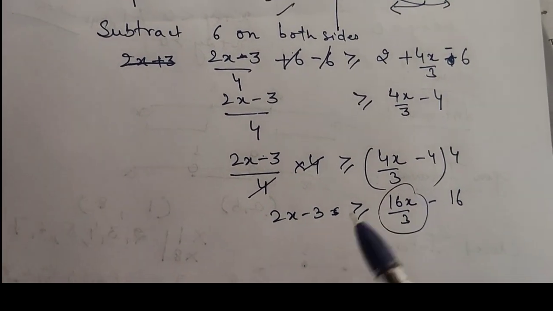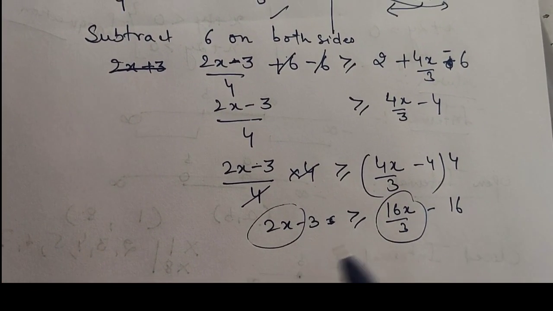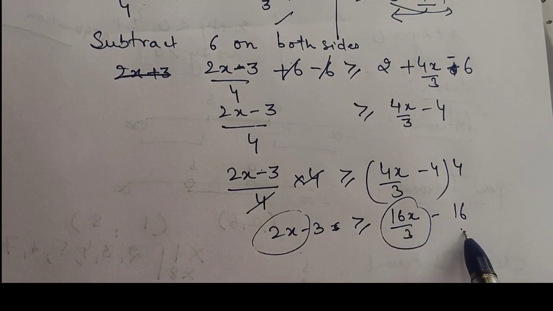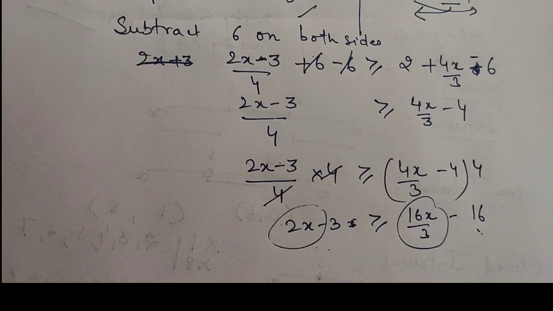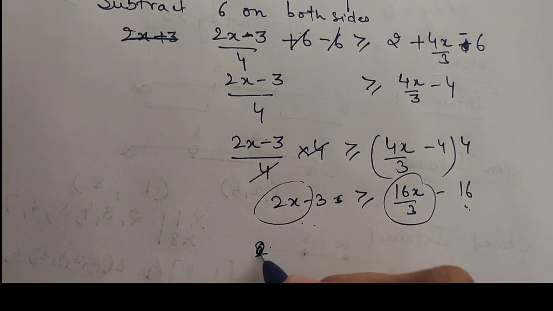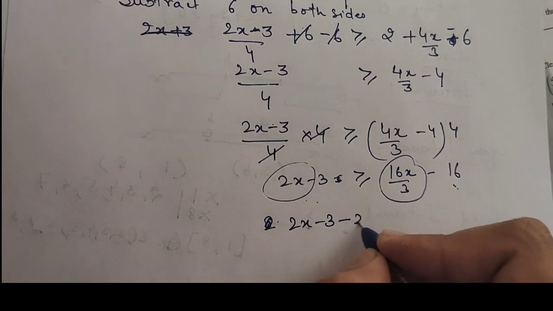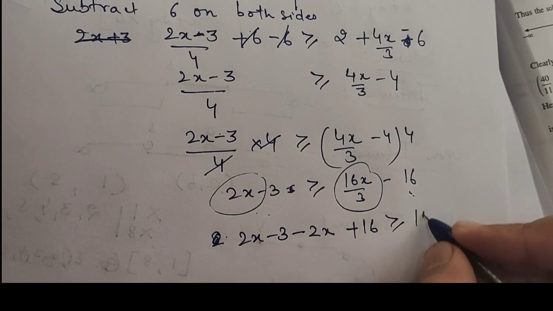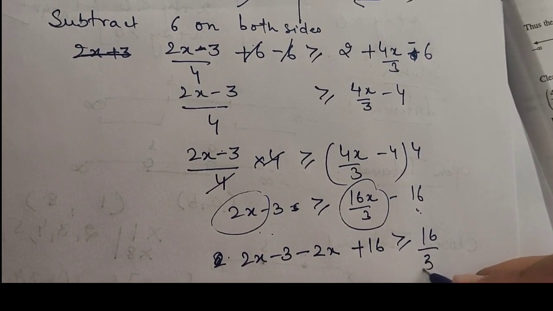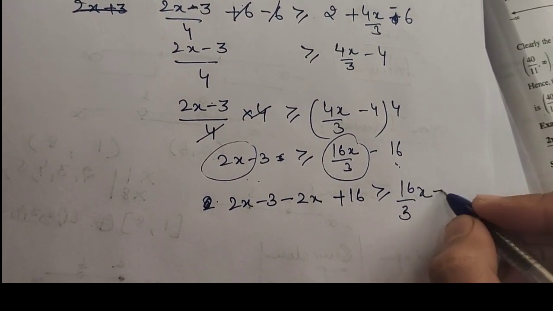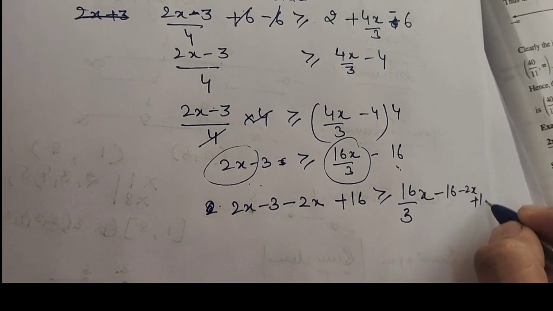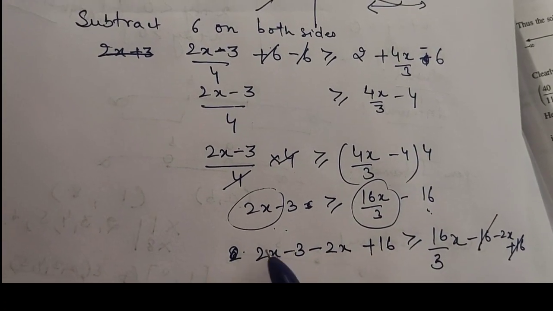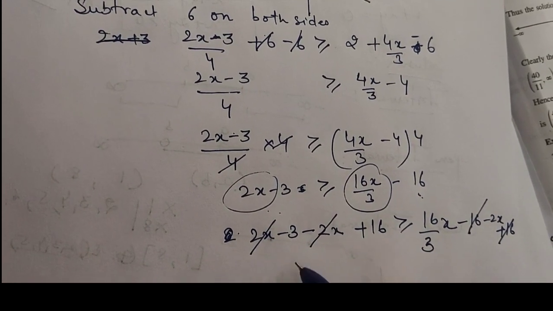Again same procedure, here you have x, here you have x, subtract 2x on both sides and add 16 on both sides. Then inequality remains same. Okay, 16 plus and minus cancel each other, and minus 2x plus 2x cancel each other.